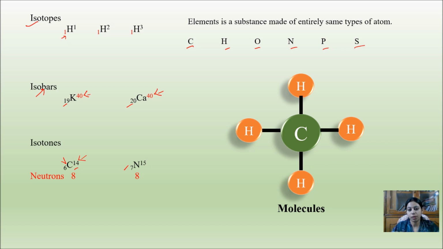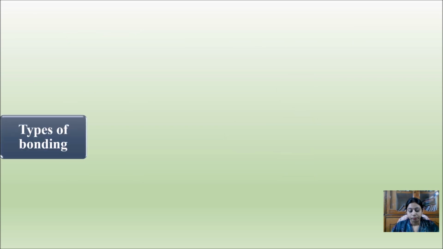I will just focus on those points which will be related to your biological terms, and this will be helpful when I enter the other topics of biochemistry like carbohydrates, fats and other topics. So moving finally to our topic, which is the types of bonding.